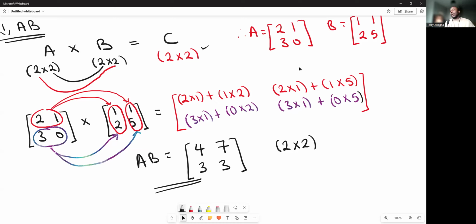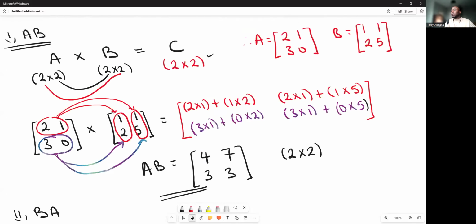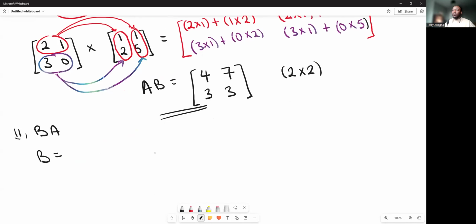Now let's do BA. So we've done AB, all right? Now let's solve for BA. So number 2, we're doing BA, all right? So we know the B was equal to, if we go back again, 1125, okay?